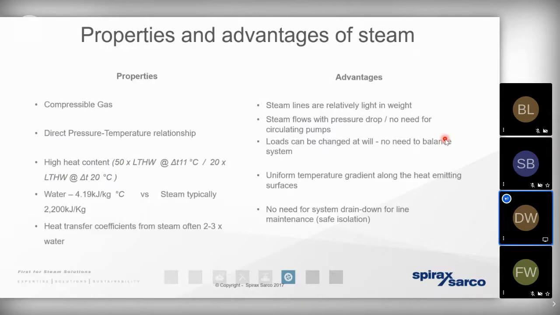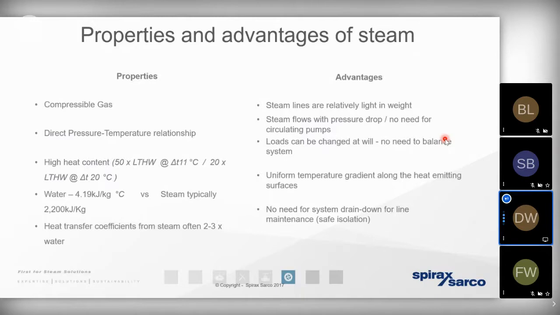We'll have compressed that mass of steam down. So we can distribute that steam in a network that is relatively light in weight compared to, for example, distributing that steam at a much lower pressure. If we had steam at a lower pressure, it would have a greater volume. We would need to distribute it in a larger pipe diameter.